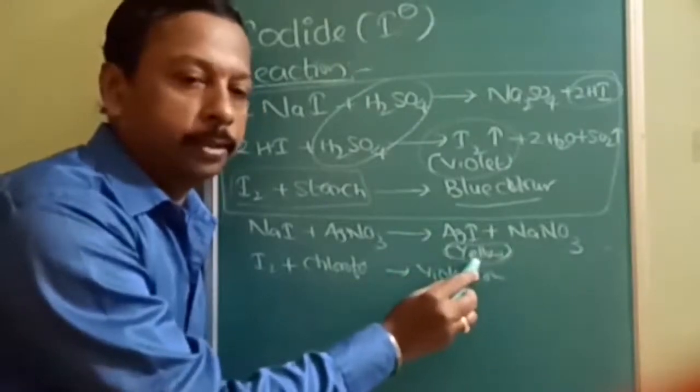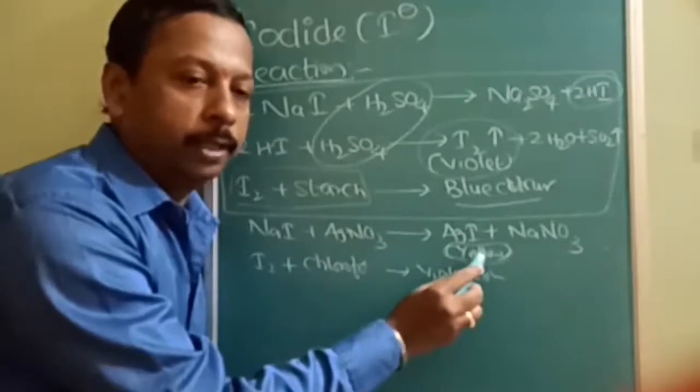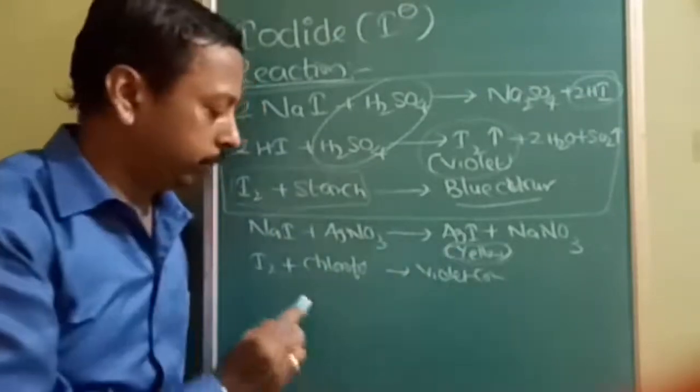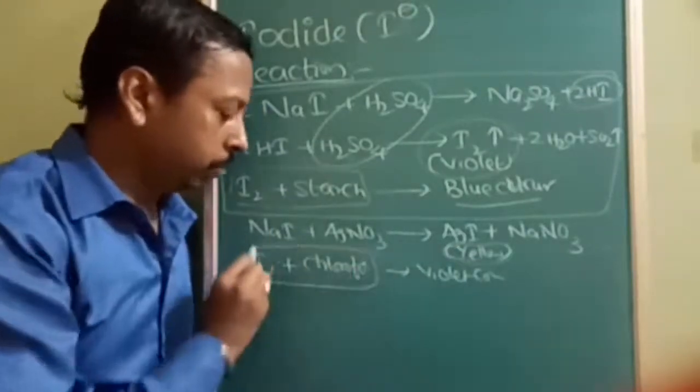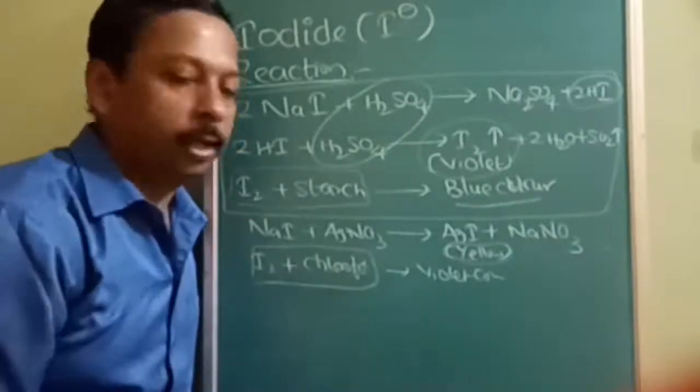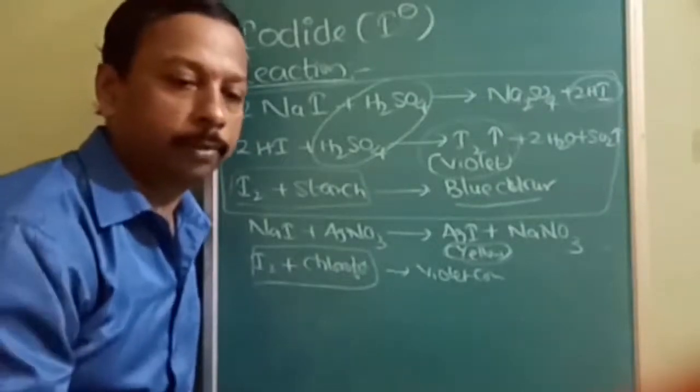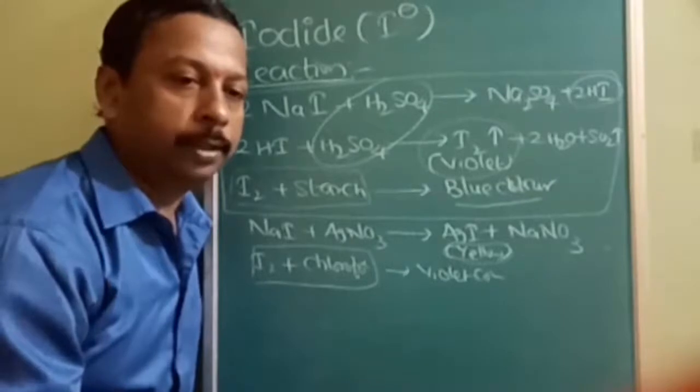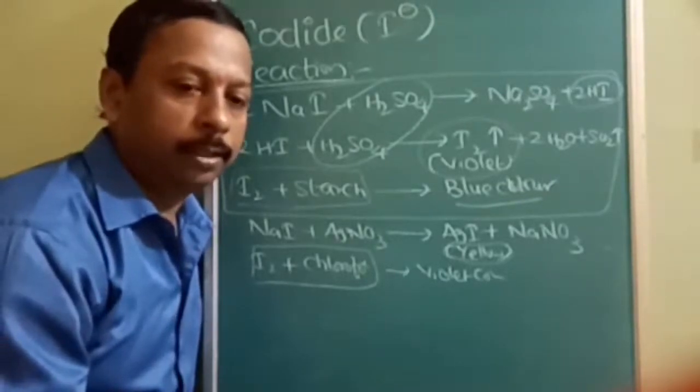To test the yellowish color, it is treated with NH4OH plus NaNO3. I2 plus chloroform will give you the violet coloration. These are the chemical equations explaining the observations made.